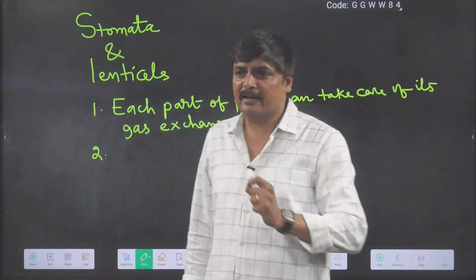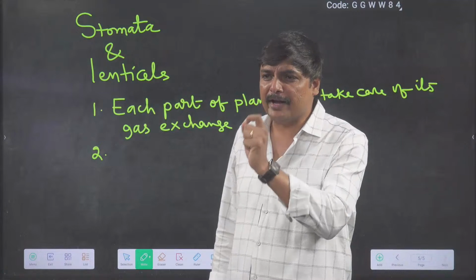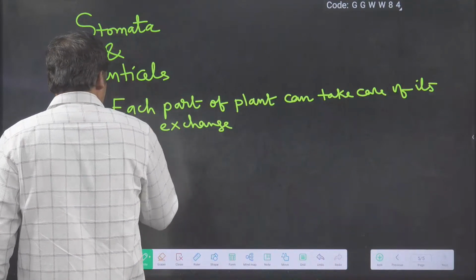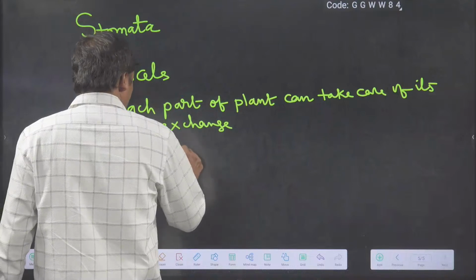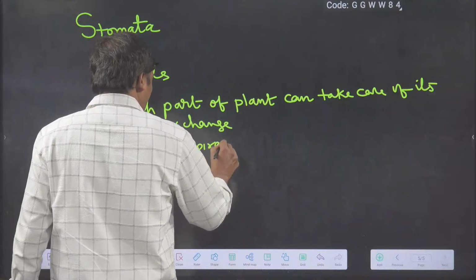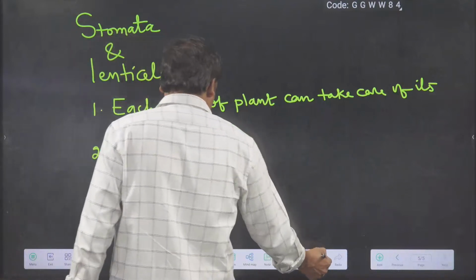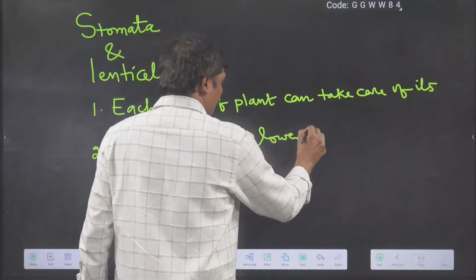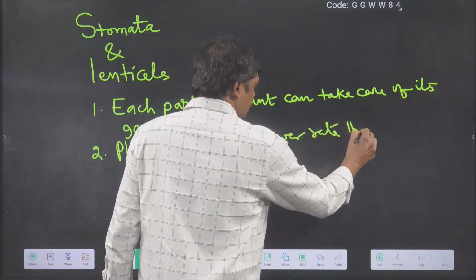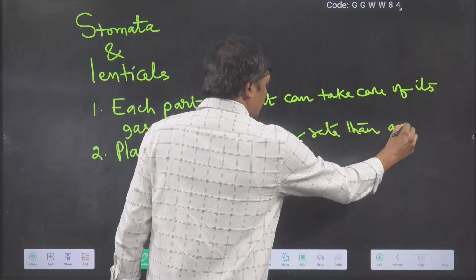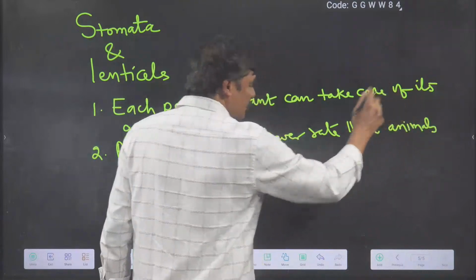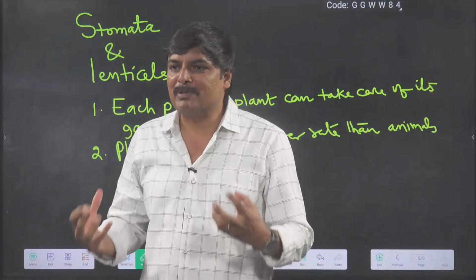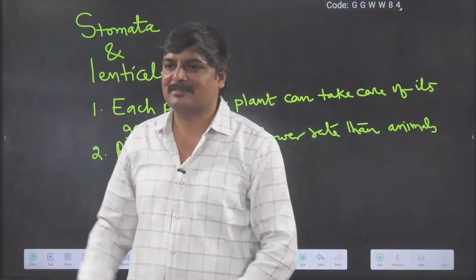And the second one, plants respire at a lower rate than animals. So the rate of respiration is slow in plants when compared with animals.